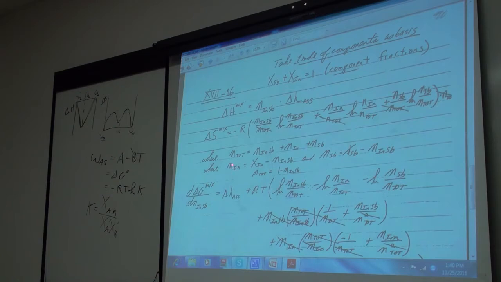And so the number of moles of unassociated indium is the mole fraction of indium that you started with minus the number of moles of indium antimony molecules that you formed. And the number of moles of unassociated antimony is the starting antimony minus the number of moles of complexes you formed. And the total number of moles, if you just put these together, is 1 minus that. Just adding those two up.